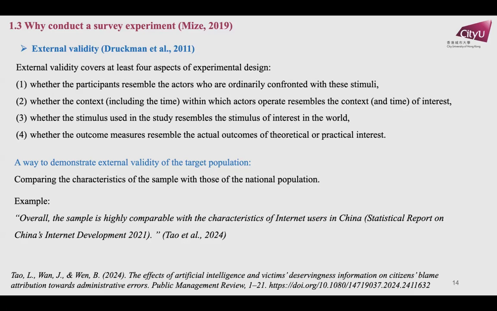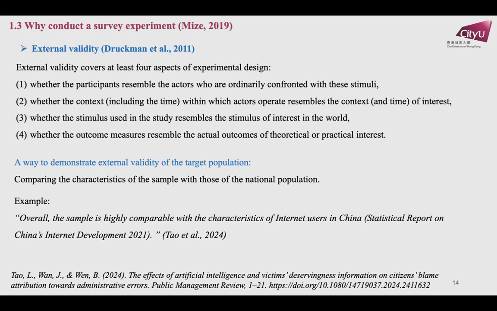The first is whether the participants resemble the actors who are ordinarily confronted with these stimuli. For example, if you want to study voter behaviors, then your participants must be citizens who have voting rights.